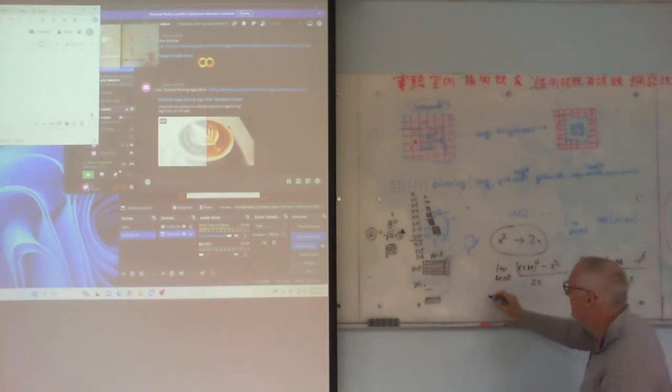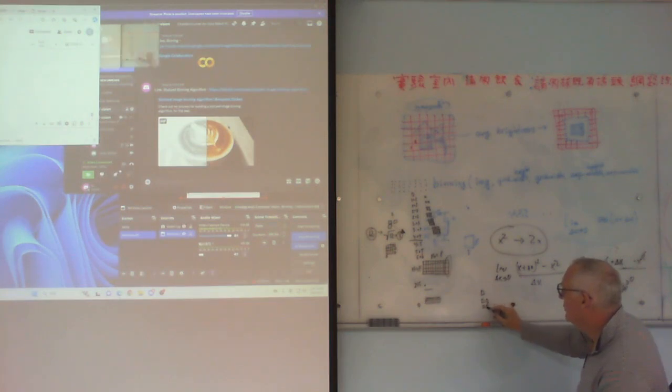How do we get 8 levels? 1; 1, 2; 1, 2, 3, 4; 1, 2, 3, 4, 5, 6; 1, 2, 3, 4; and the 4 by 4: 1, 2, 3, 4, 5, 6, 7.